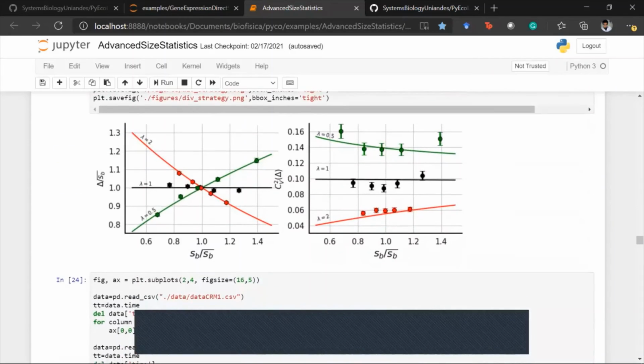And what if you consider different division strategies using lambda equal to 0.5, which is timer-like, lambda equal to 1, and lambda equal to 2, which is the sizer-like division strategy?